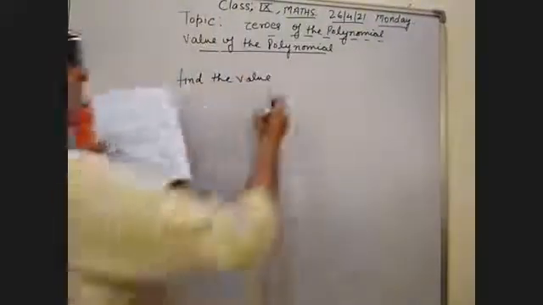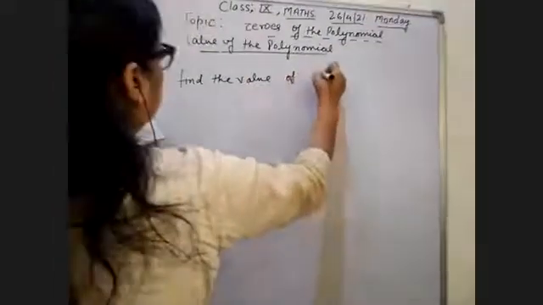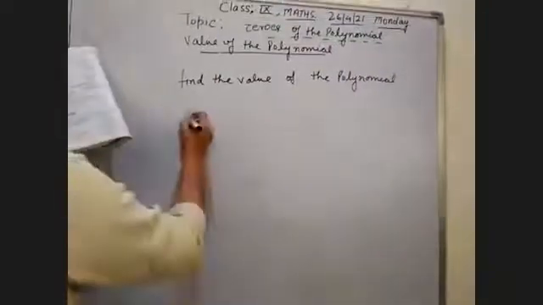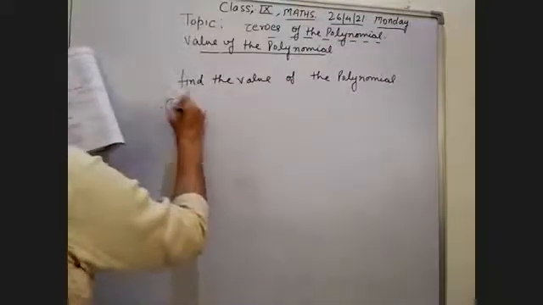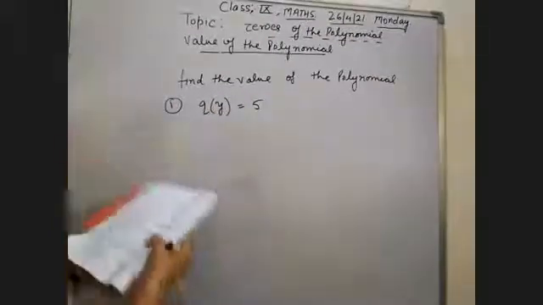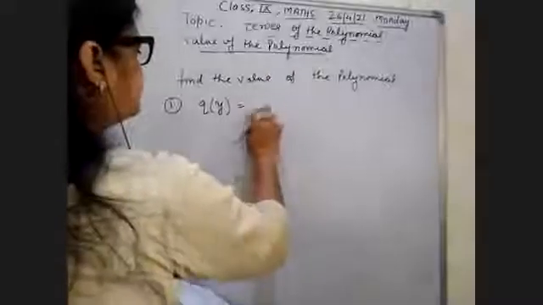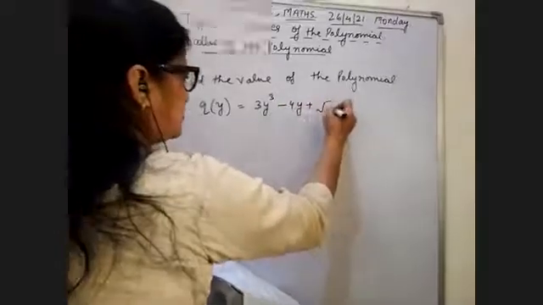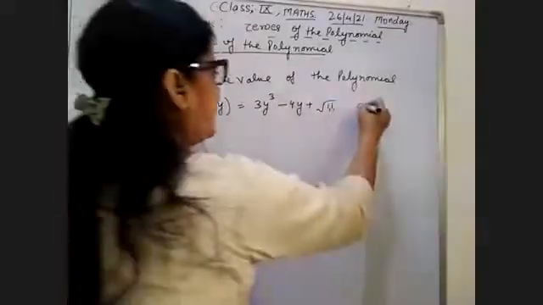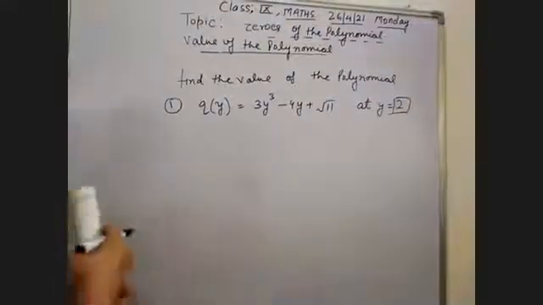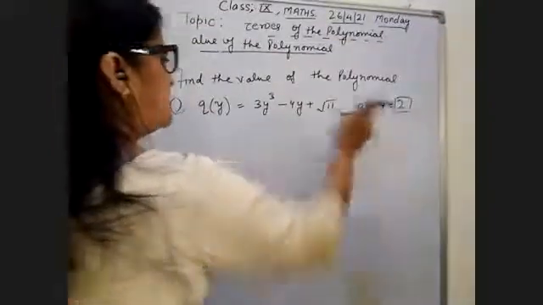Find the value of the polynomial q(y) equal to 3y cube minus 4y plus root 11 at y equal to 2. We have been given the value of the y variable equal to 2.